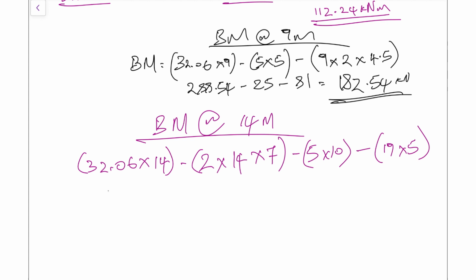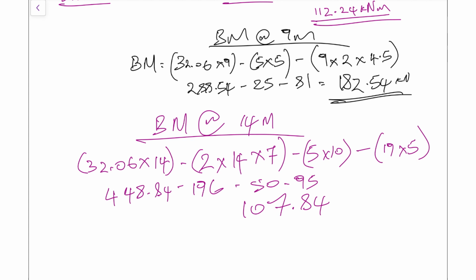So what we have now is 448.84 minus 196 minus 50 and minus 95, and our total is 107.84 kilonewton meter.